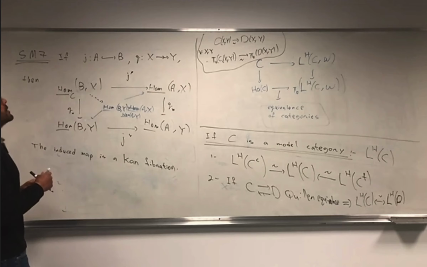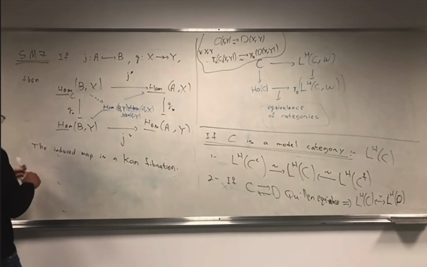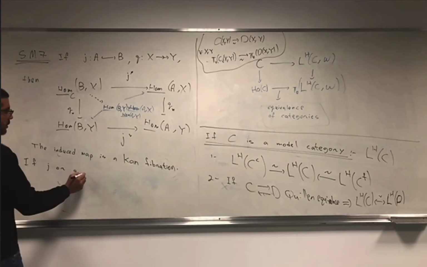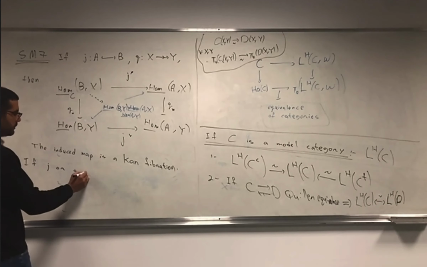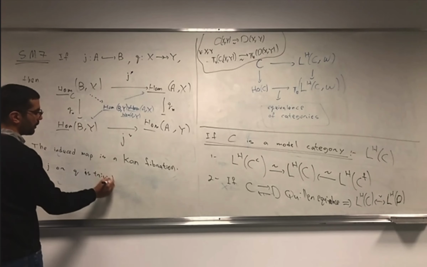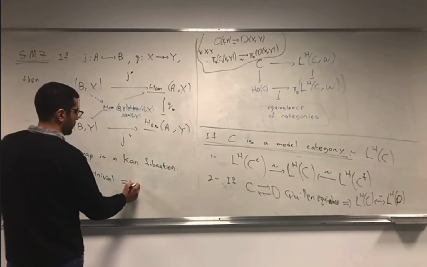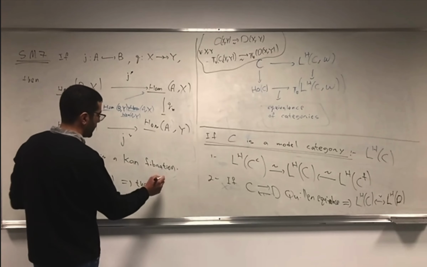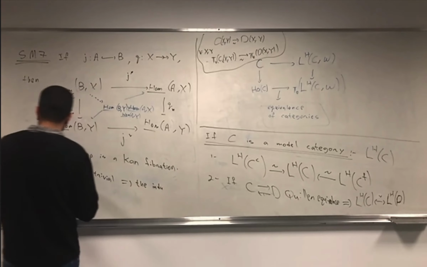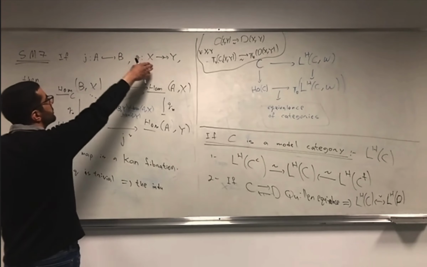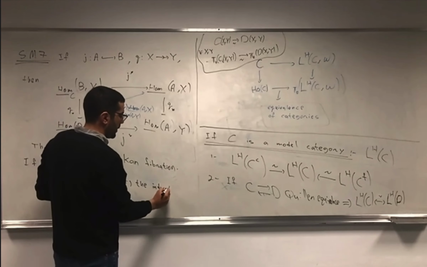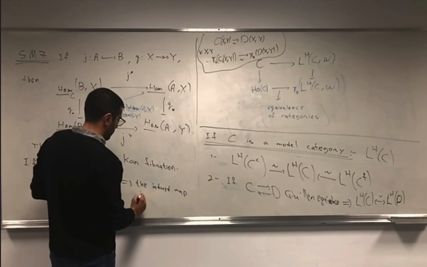If j or q is trivial, one of them, then the induced map will be a trivial cofibration. Also, if this is a trivial fibration or this is a trivial cofibration, then the induced map is also trivial.